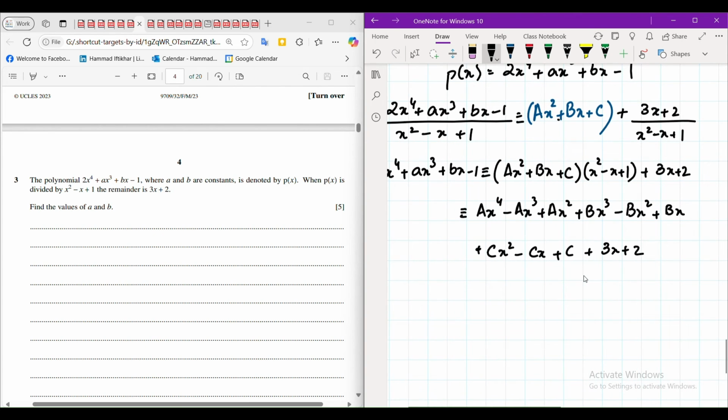Now let's collect the power terms into coefficients. There's only one x^4 term.